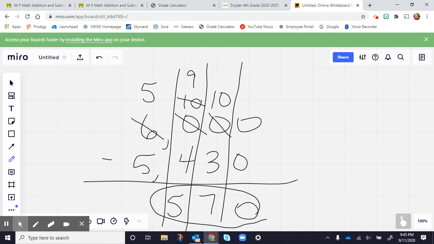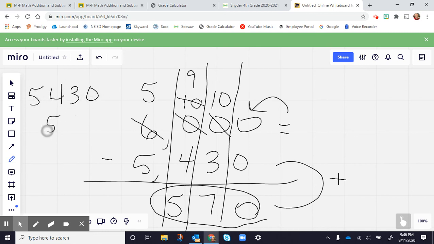But before we say it's our answer, we want to make sure that we double check. So remember, we're going to take 570, we're going to add it to 5,430, and that should equal 6,000. So let's test it out. 5,430, 570.